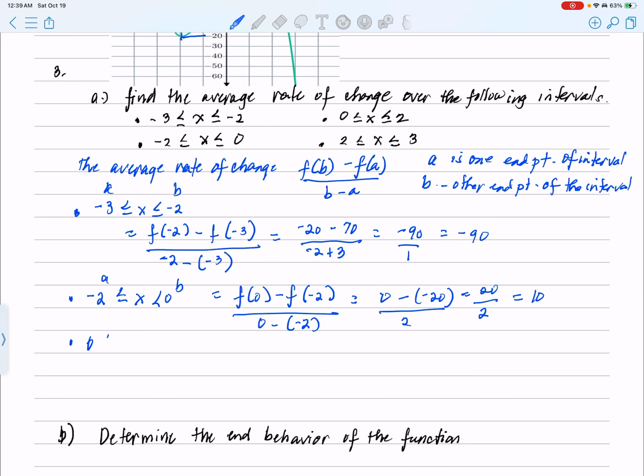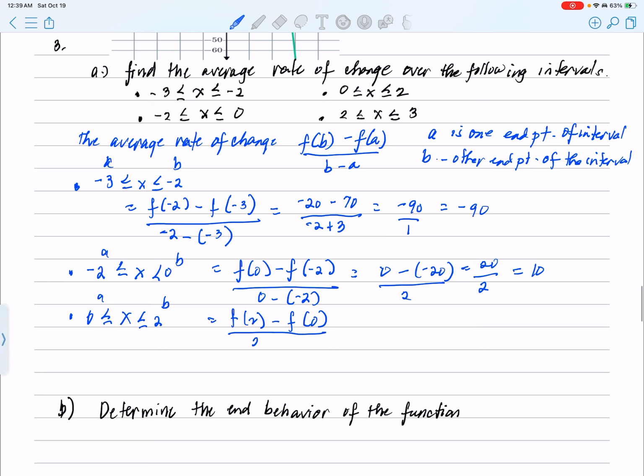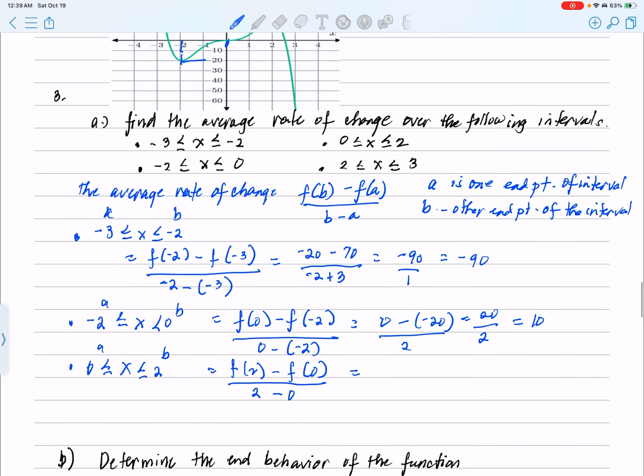It's between 0 and 2. So this is B, this is A. So function of 2 minus function of 0 over 2 minus 0.